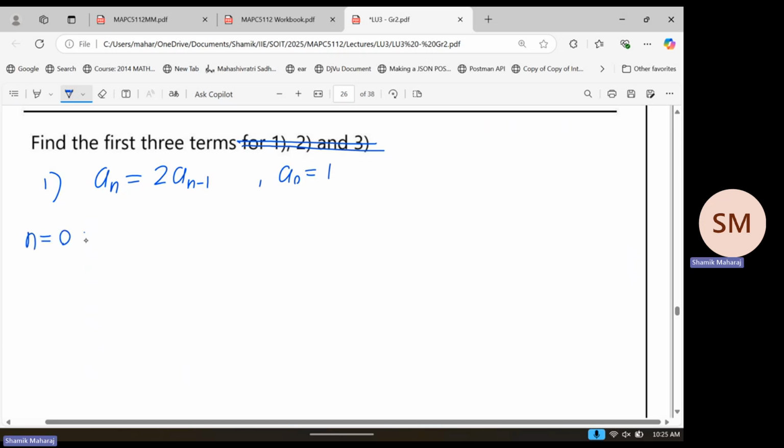So for the first three elements, let's start from 0. Plug 0 into the formula above, and that becomes A0 is equal to 2 A at the bottom, we get 0 minus 1, which is just minus 1. Firstly, is that part clear to everyone, what I did there?